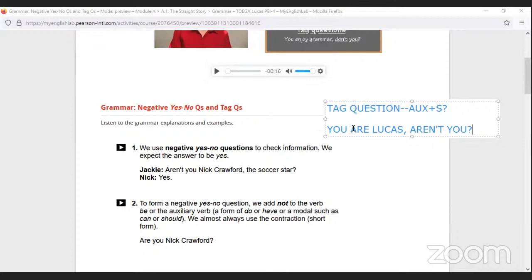So the same auxiliary but in negative, and the subject is the same. If my sentence is in negative, my tag question is going to be positive. That is the only thing.